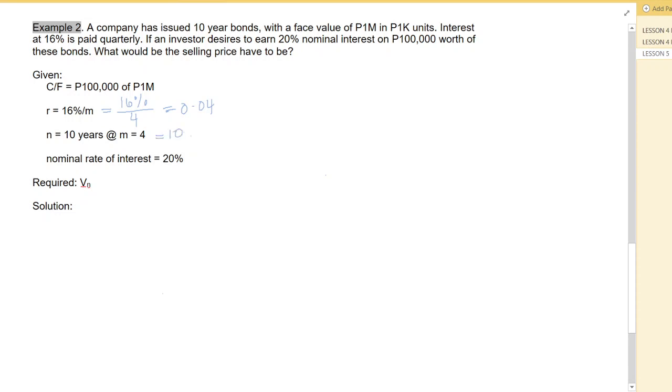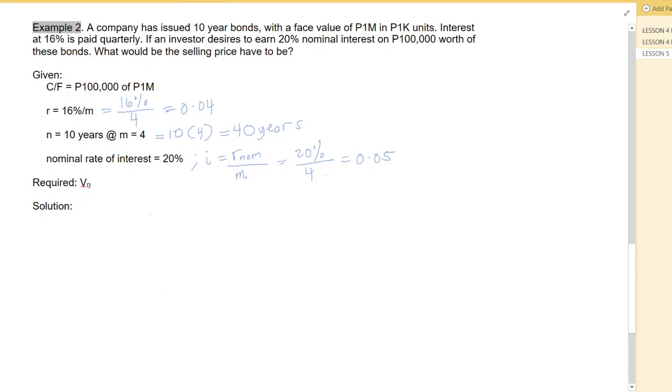So the 10 years of redemption multiplied by quarterly, so that is 40 periods already. And then for the nominal rate of interest, that is just 20%, we have to get the value of the yield interest rate. So that is nominal rate of interest divided by the compounding period. So that is divided by 4. Okay, so that is just 20%, or 0.2, divided by 4. So that is equal to 5%, or that is 0.05 in its decimal form.